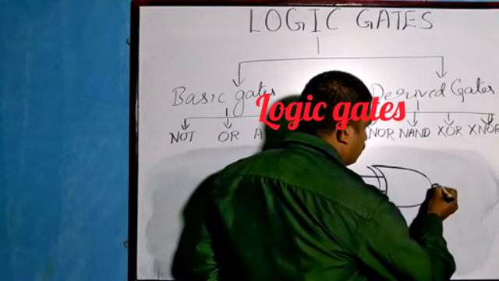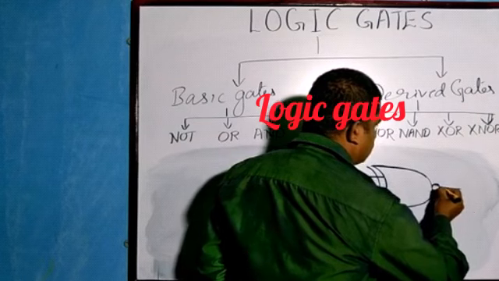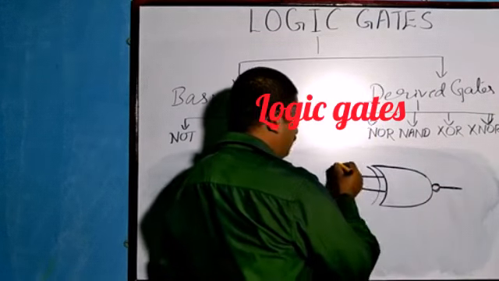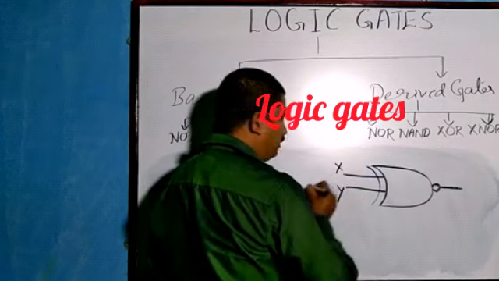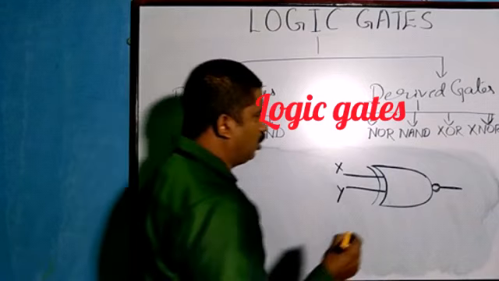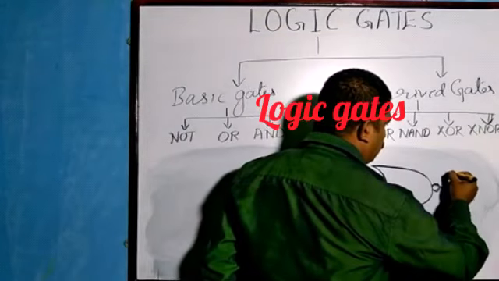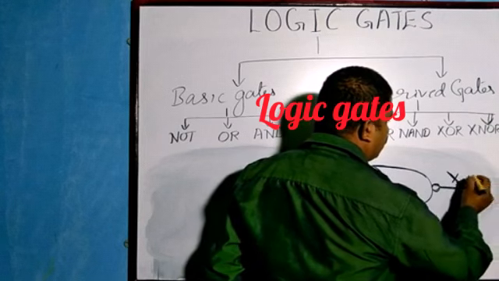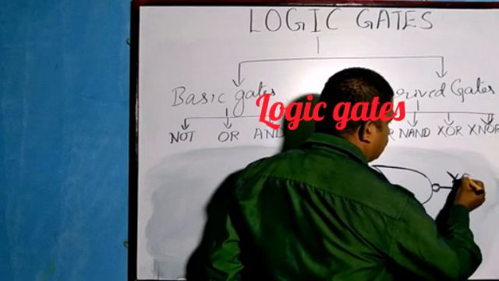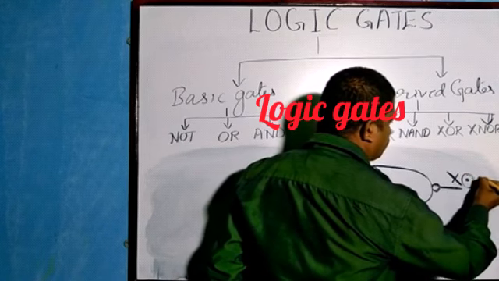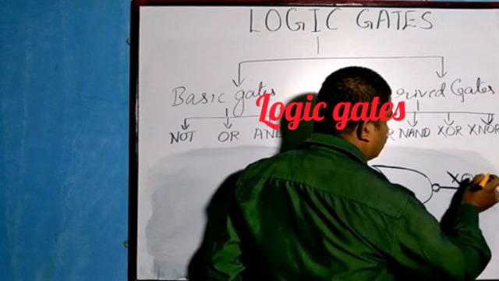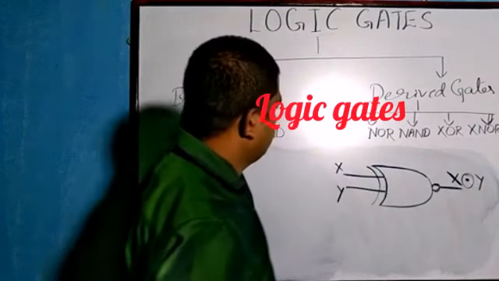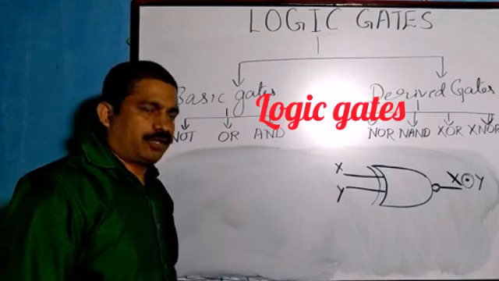This becomes the XNOR gate. If 2 inputs are X and Y, then in Boolean algebra we write the output as X, then the circle, put a dot. Okay. So this is the circuit symbol for the XNOR gate.